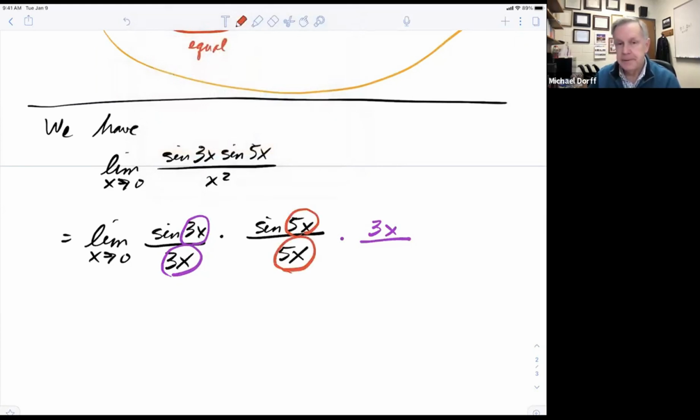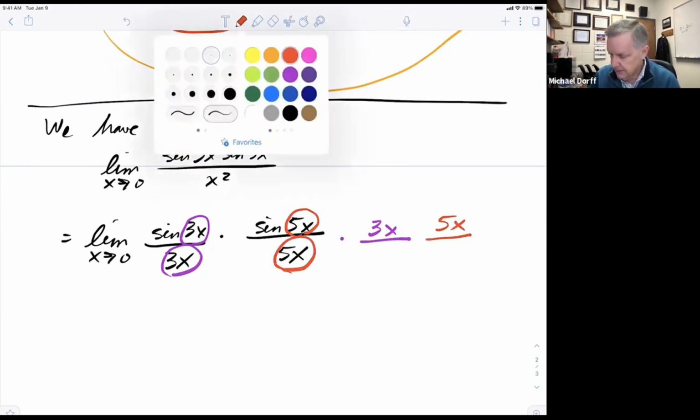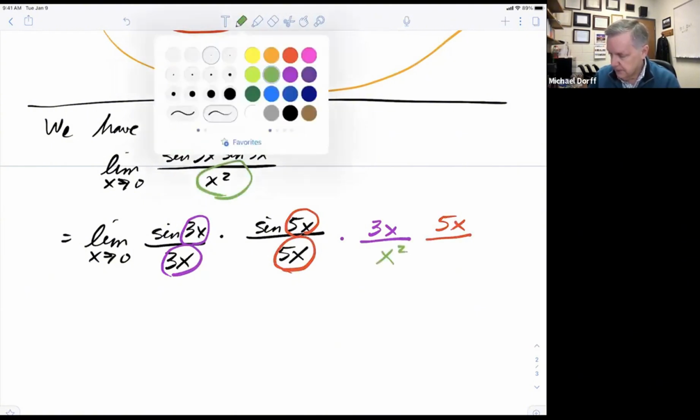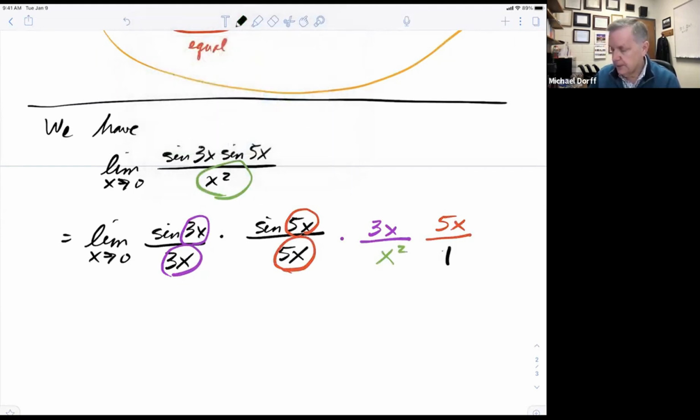So now I can't just add a 5x in the denominator, so I also have to multiply a 5x in the top. And then the last thing was, in the very bottom, I had an x squared, and I haven't accounted for that. So I'm going to put that x squared down here, and I can put a 1 down here. If I wanted to, I could put a green x under the 3x and the green x under the 5x. Doesn't really matter. And now I want to simplify all this.